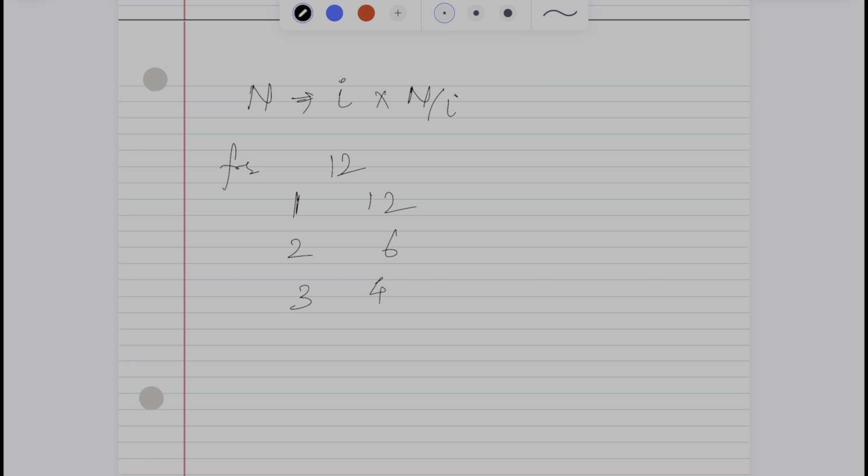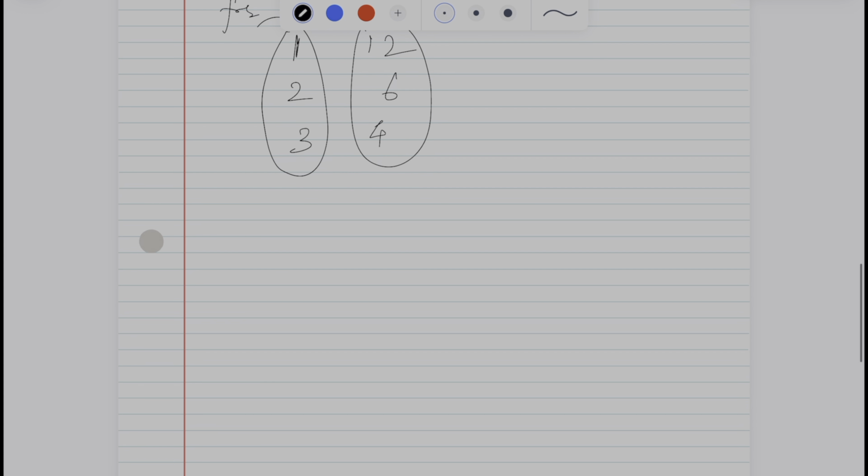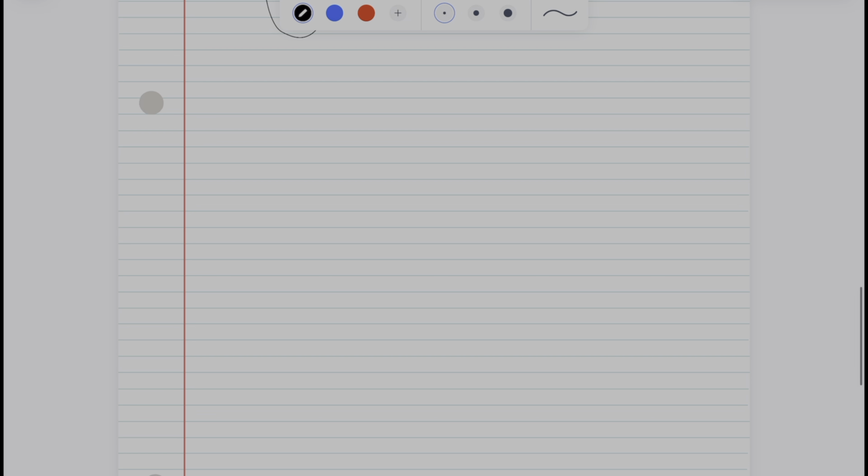Now let's take an example of n equal to 24. We know that there is i, there is n by i, and here is our n. Take i as 1: n by i will be 24. Now 2: n by i will be 12, and this is 24. Now take 3, it will be 8, and it is 24.